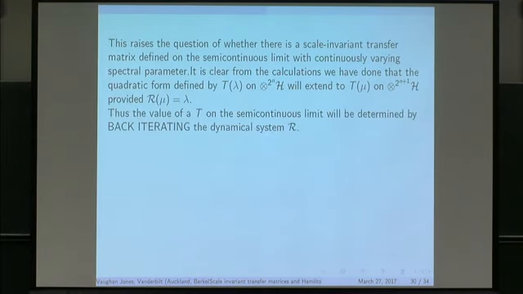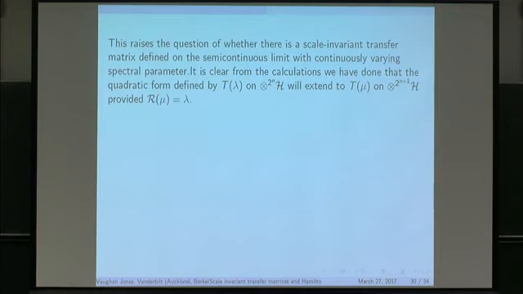So here's the idea. It is clear from the calculations we have done that the quadratic form t of lambda, if we define t of lambda for any value of lambda on the n-fold, 2 to the n-fold tensor power, will extend to a t of mu, provided this back iterate, the renormalization transformation, sends lambda, mu to lambda.